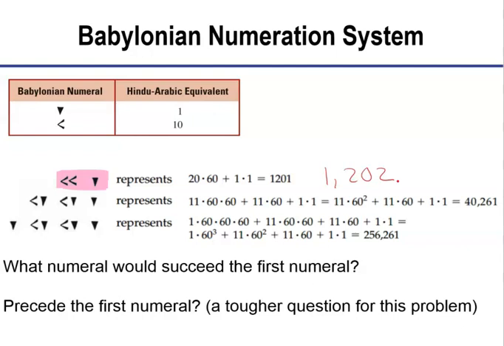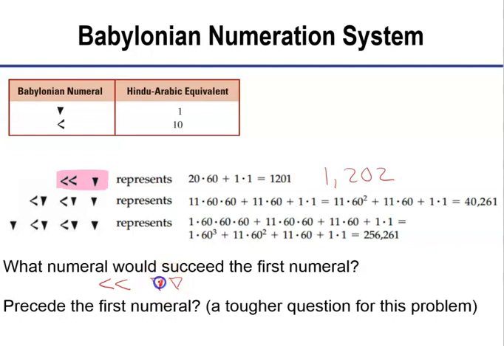Remember this was, and this is times 60. So if I'm going to add 1 to this, I'm looking at the ones place. So that's 20 times 60, but then to get 1,202, this would need to be a 2 instead of a 1, so I'm going to have that symbol twice.